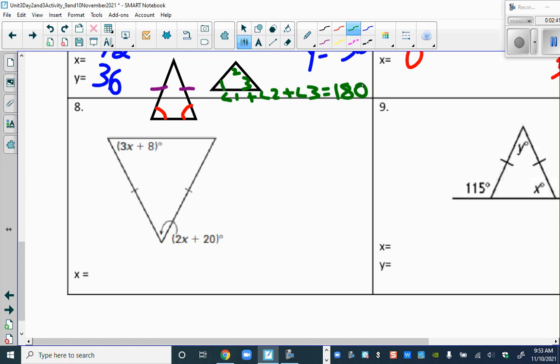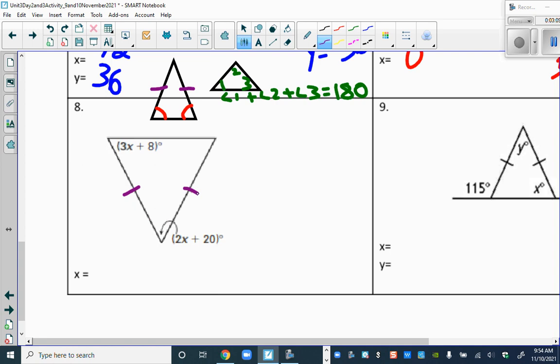Is that better? Or is that too dark? No, it's fine. All right. So we have these 2 sides that are congruent. So we have an isosceles triangle. Now, they gave us 2 angles, the 3x plus 8 and the 2x plus 20. We didn't get any information for this angle right here.